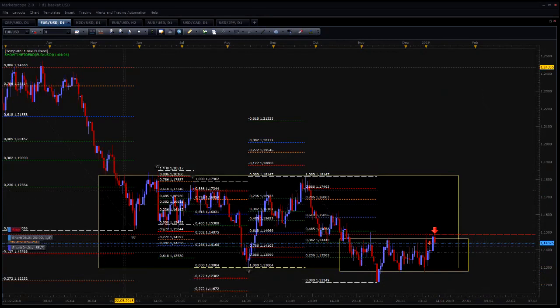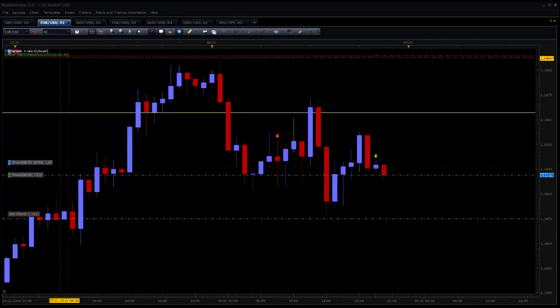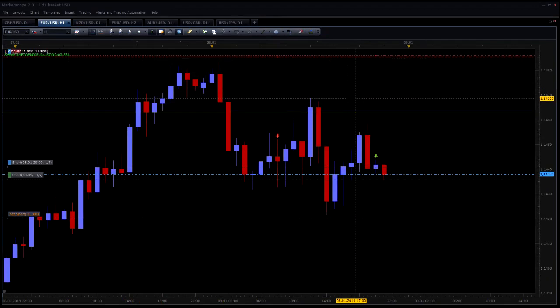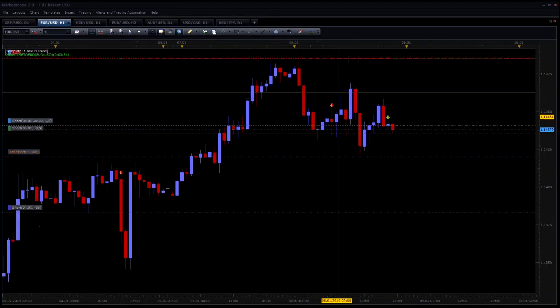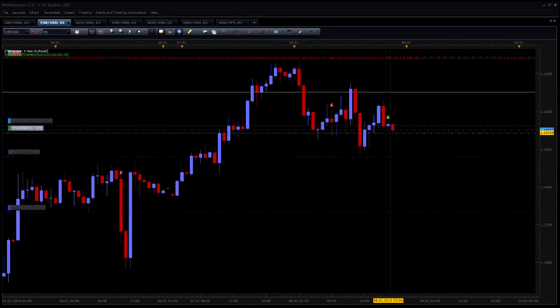And that is euro-dollar on daily chart. It's also a chart that I'm trading right now. And you can see it's just being a pain in the ass.